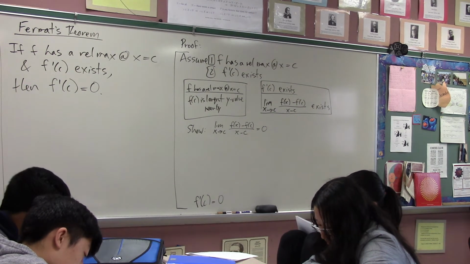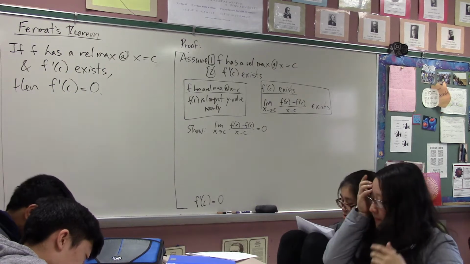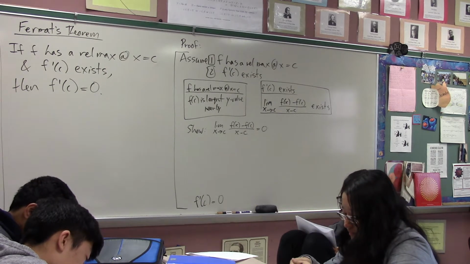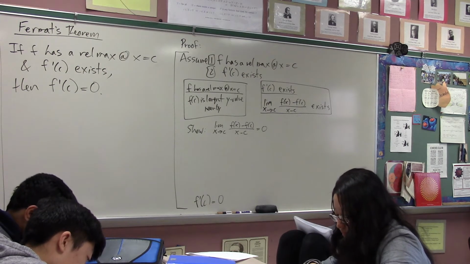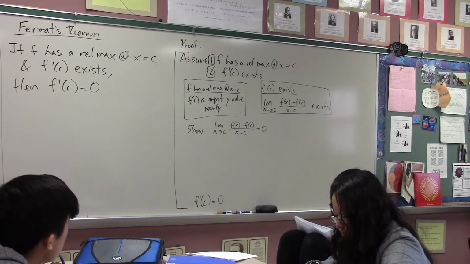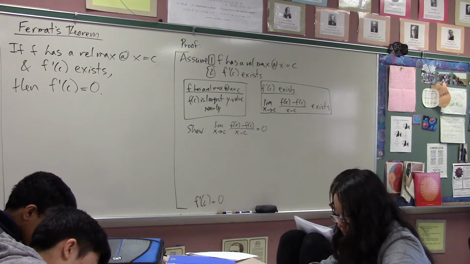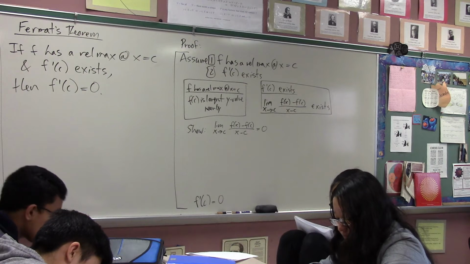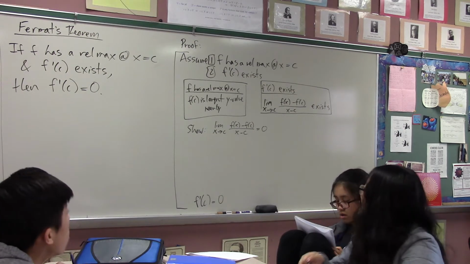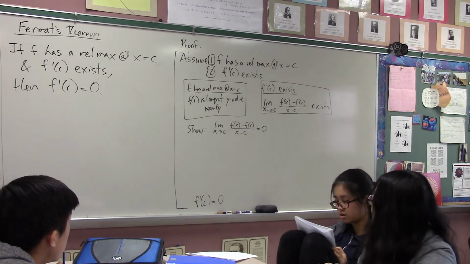Yeah, they're equal. Because on one side, x is getting bigger, so it's going to be both positive and negative. And it exists, so it has to be approaching a value. And if it's approaching a positive value from one side and a negative value from another side, it's going to be going to 0, because that's the only place where it can be positive on one side and negative on the other. Exactly.